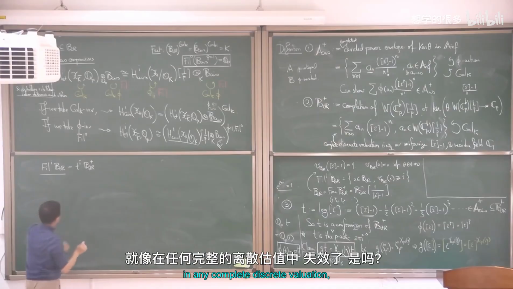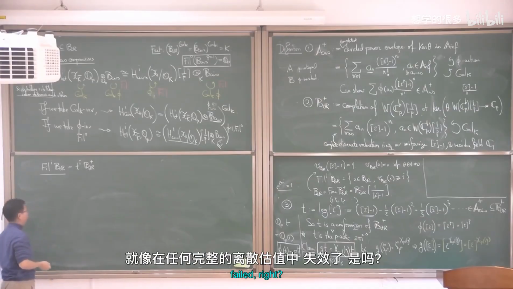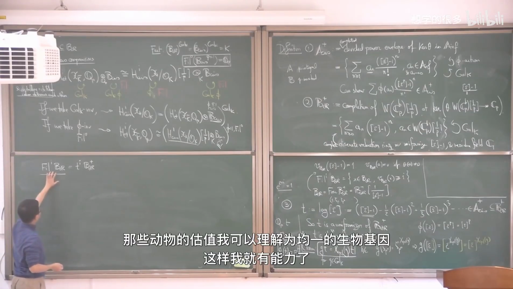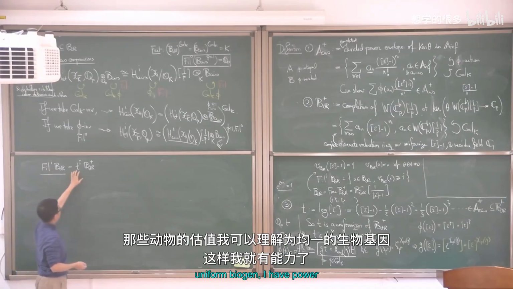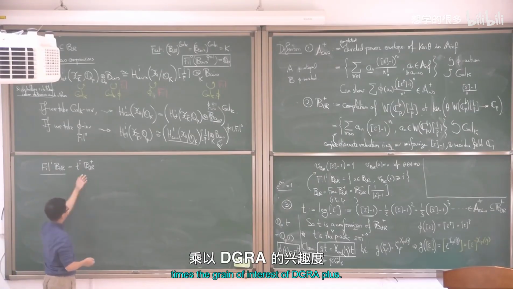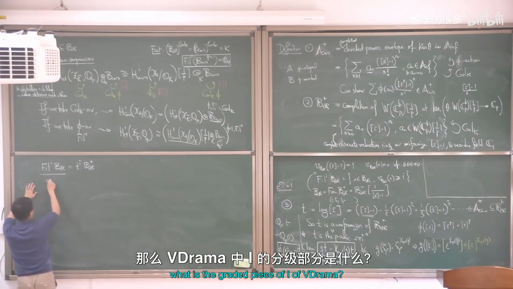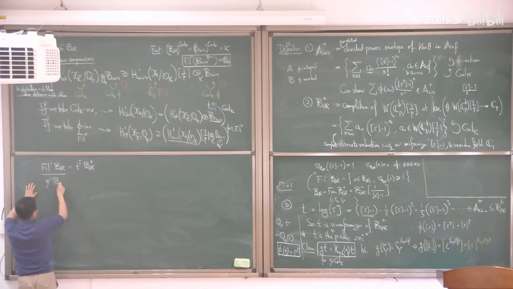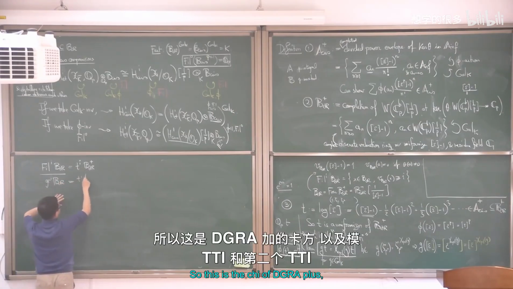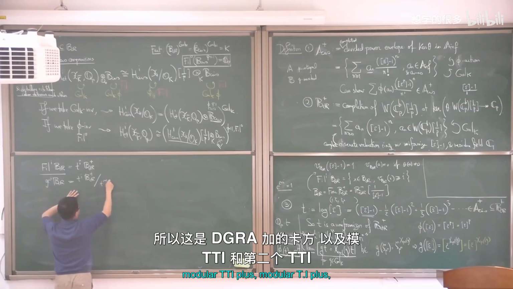Just like in any complete discrete valuation field, right? Those elements with valuation i can be written as uniformizer to the i-th power times the ring of integers, so B dR plus. And therefore, what is the graded piece of i of B dR? So this is t^i B dR plus modulo t^(i+1) B dR plus.